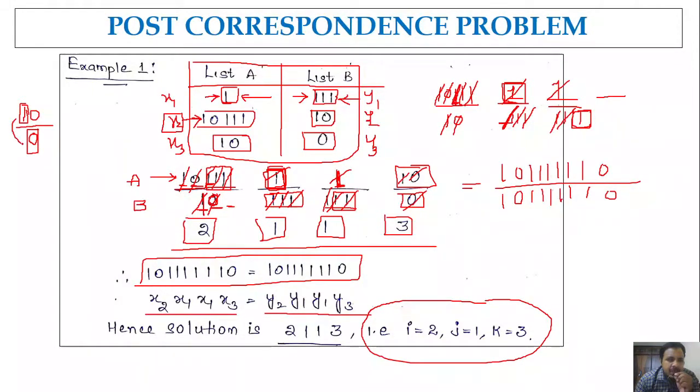There is a mismatch in the first symbol. So we could not have a sequence that starts with x3, but you may have a sequence that starts with x1 y1, or a sequence that starts with x2 y2.